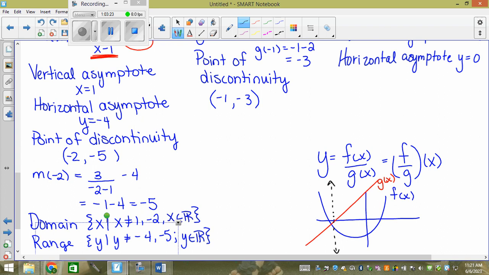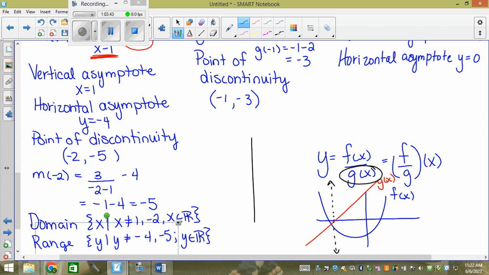You're going to get a vertical asymptote. On the x-axis, what is y? 0. So what would g of x be there? 0. Can we divide by 0? No. That would get you an asymptote.